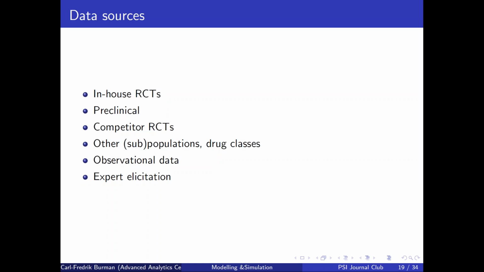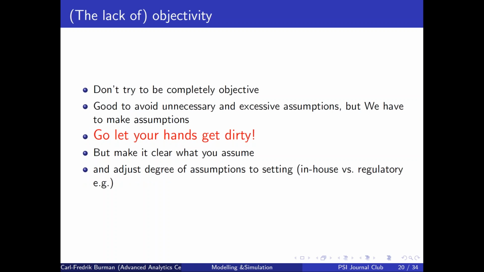So we have to make assumptions, and we can go back to preclinical data, competitor data, observational data, real world evidence, and try to put that together to cover different parts of the model that we have to build. An important thing in this is expert elicitation: to talk to the experts and help them elicit and bring their knowledge into what we can use as quantitative assumptions.